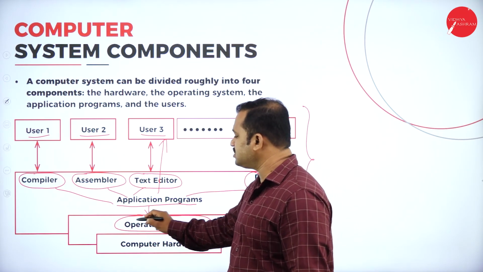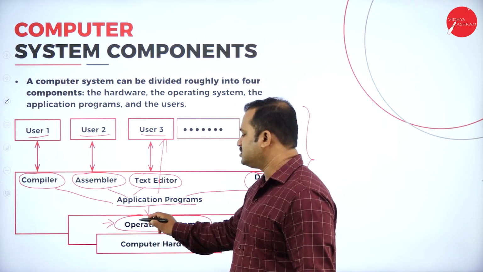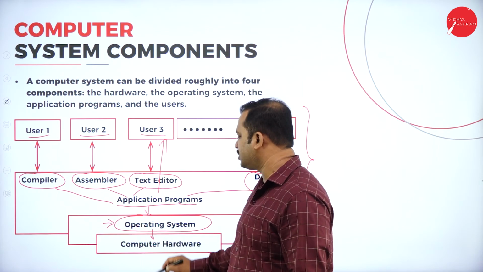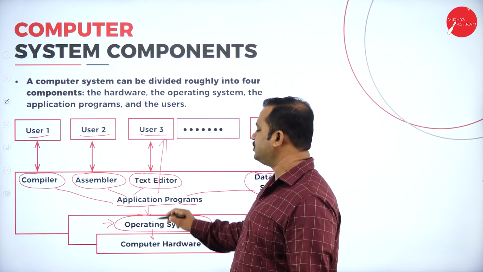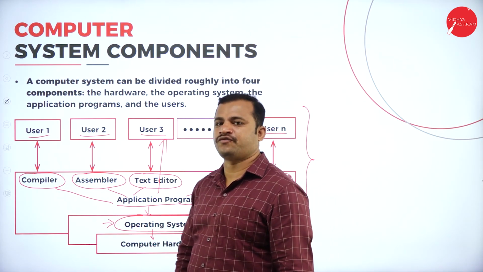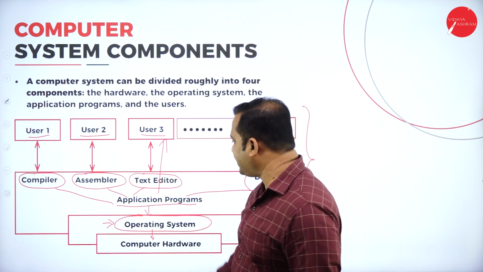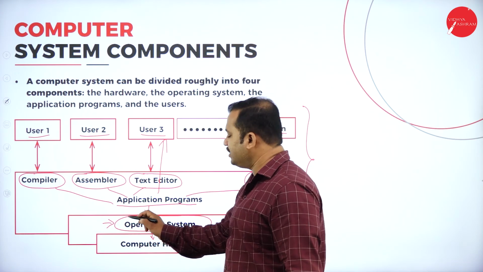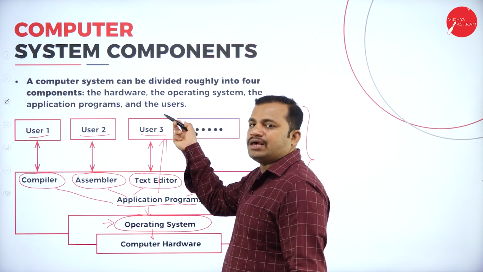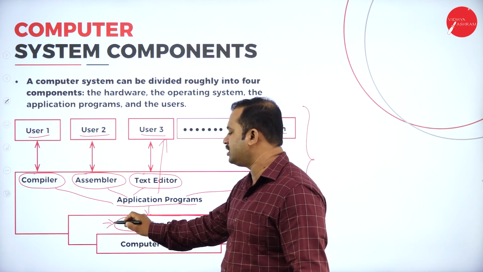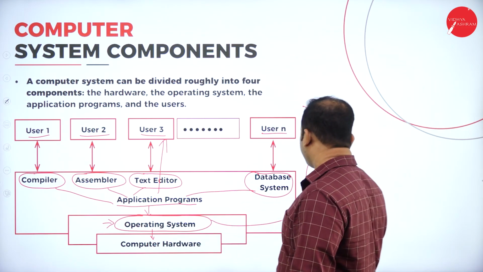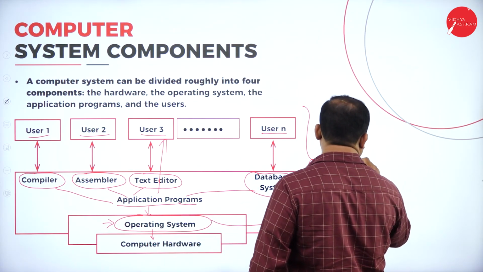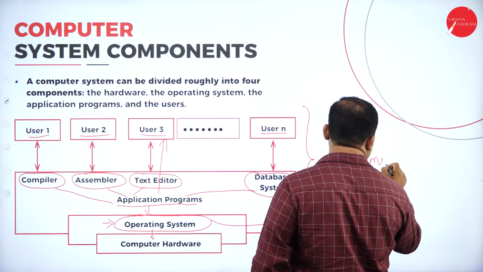What about this system software? System software interacts with computer hardware, in turn interacts with users through the application software, so that we say that an operating system is a system software that interacts with computer hardware as well as users. So I will call it an intermediary software.